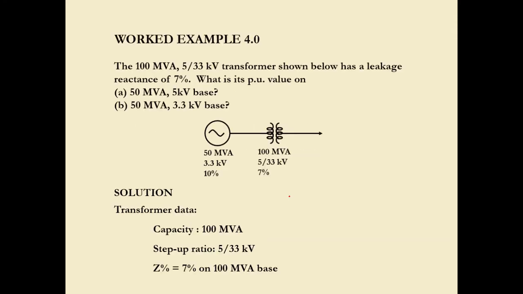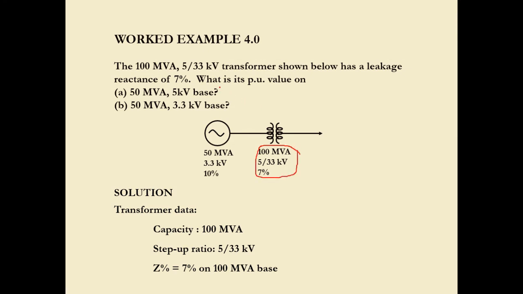And then worked example 4.0. So the 100 MVA, 5 kV up to 33 kV step up transformer shown below has a leakage reactance of 7%. Here, all the information of the transformer is written.